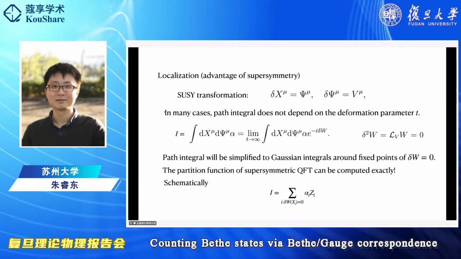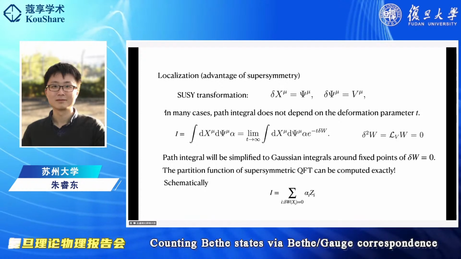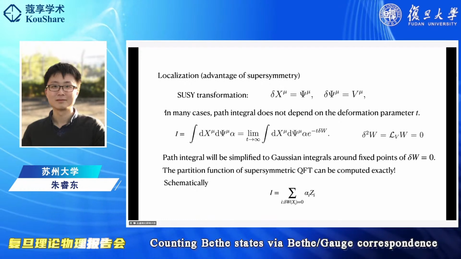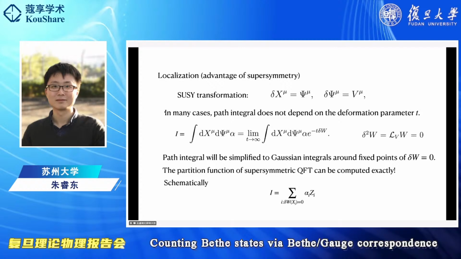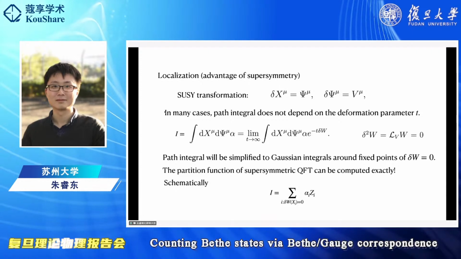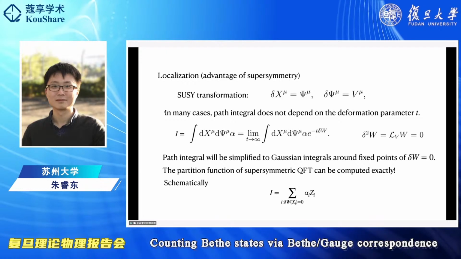Once we take t to be infinity, the only contribution comes from delta W equals 0, otherwise this exponential will be gone. So what we need to do to calculate the path integral is now simplified to a Gaussian integral around the fixed point of delta W equals 0.